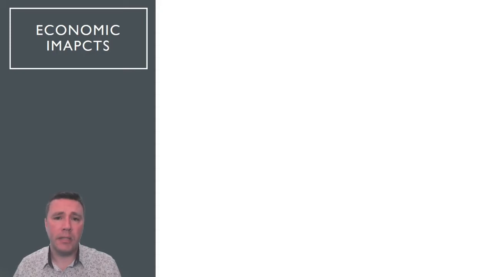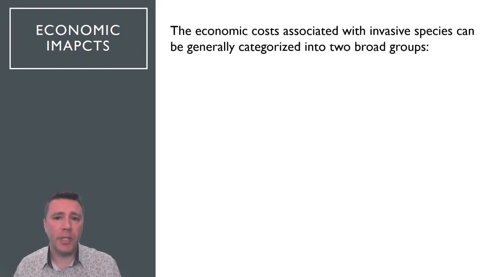The economic damage caused by invasive species is substantial. It's estimated that every year about 1.4 trillion dollars worth of damage are caused by invasive species. That economic damage can be grouped into one of two general categories.